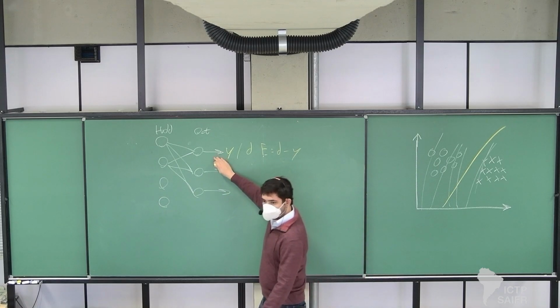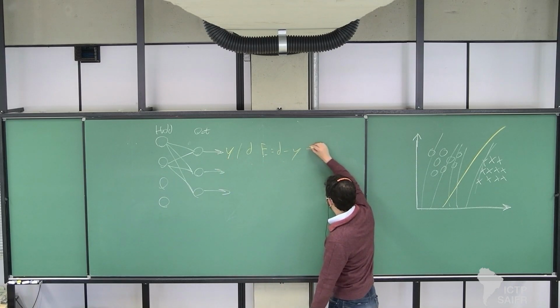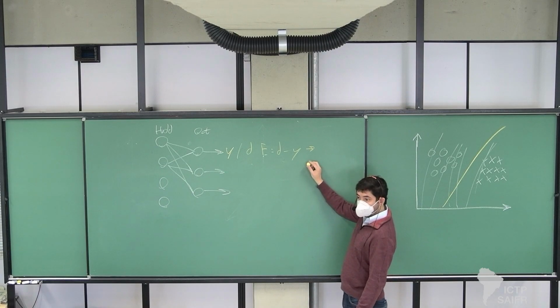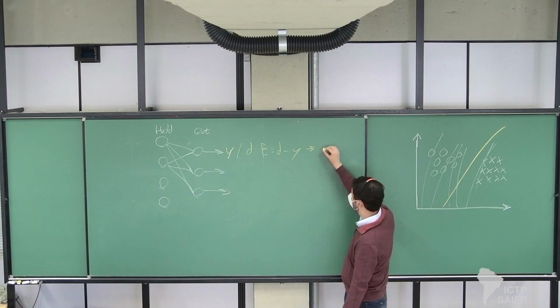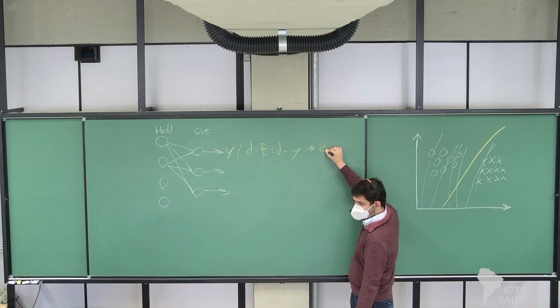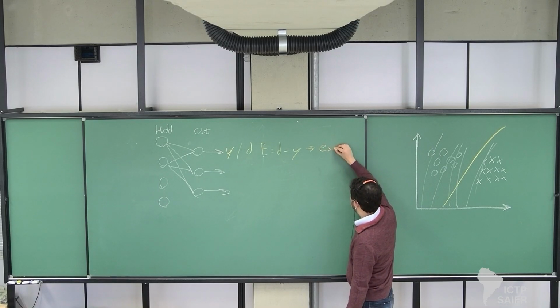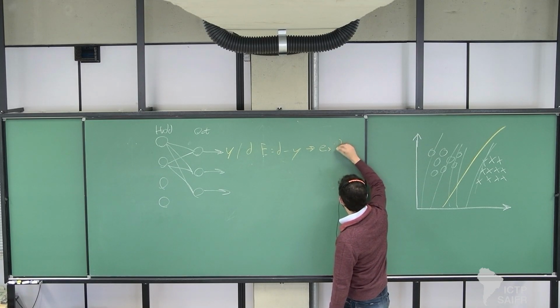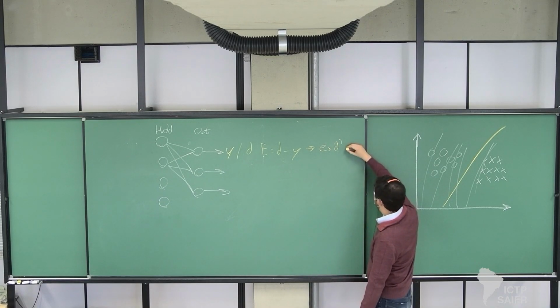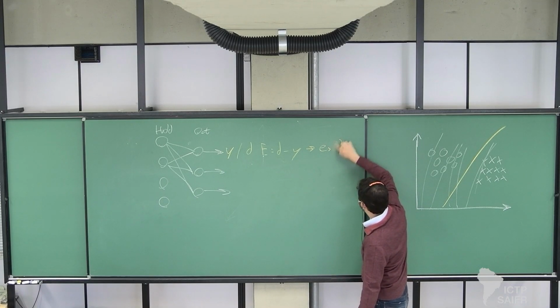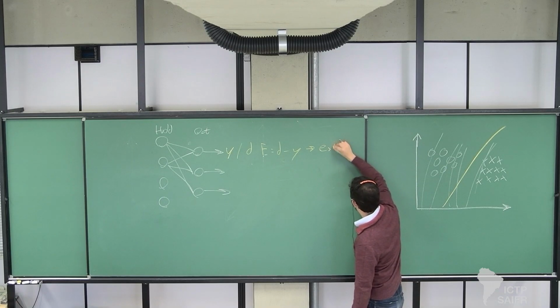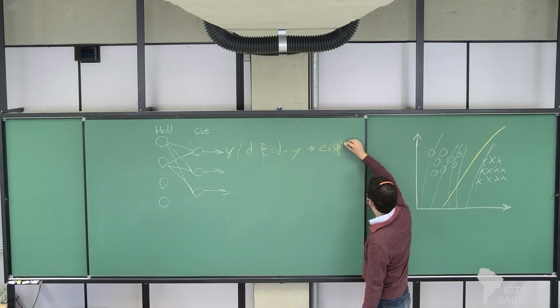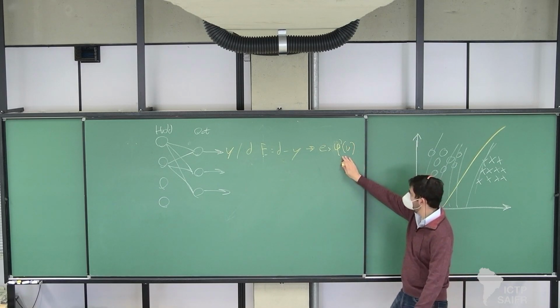Given this, we know the activation function. So we can calculate the error, and we can calculate the error times the derivative. I don't know how to draw this, so I'll put just a D here, the derivative of the activation function.